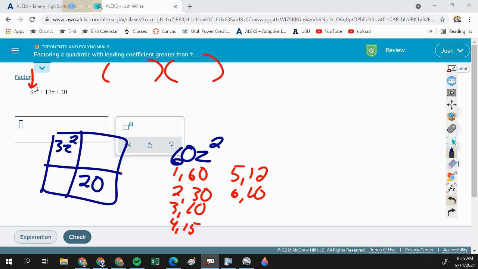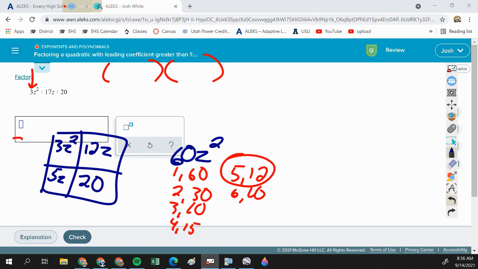Okay, can I use one of those to make a 17z? This one. And the 17 is positive, so it will be 12z and 5z. Now look carefully at the top row. What does the top row share? 3 and a z.